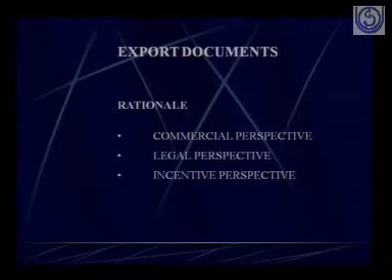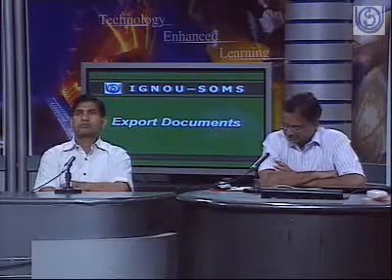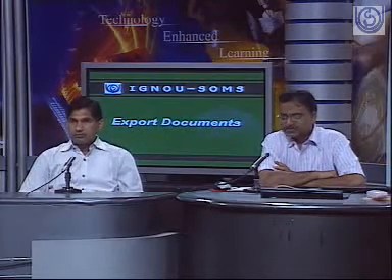In order to fulfill both shipment procedures and payment procedures, these documentation formalities are required and maintained. For example, under the Indian foreign trade policy, you need certain documents. Under certificate of origin, you might need certain documents. For the generalized system of preferences, you might need certain documents. For the movement of goods from one place to another, you need certain documents. So this falls under the commercial perspective.